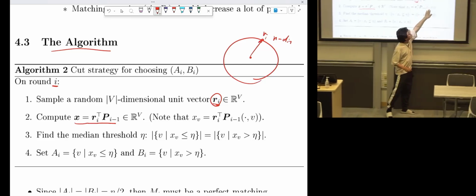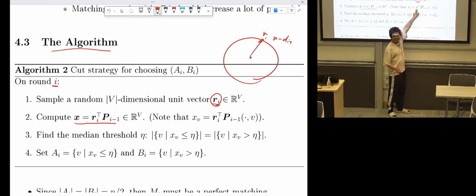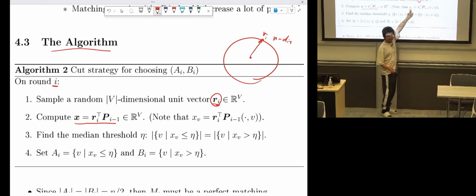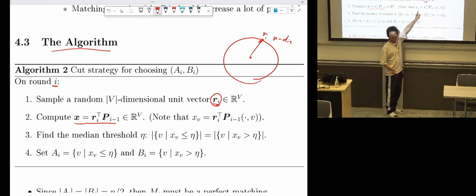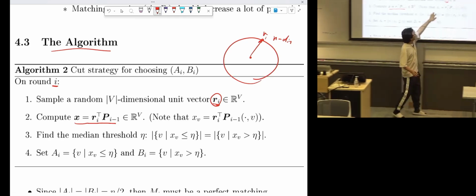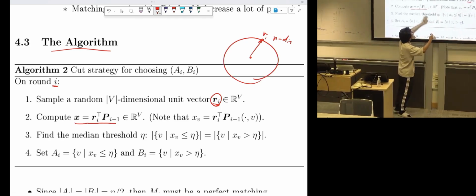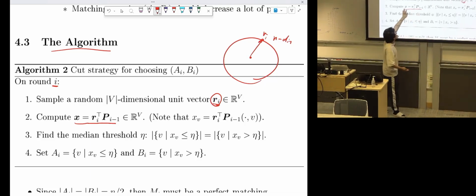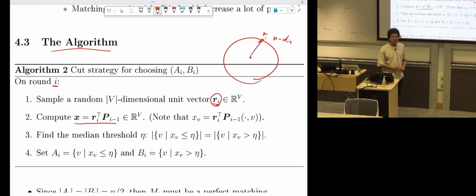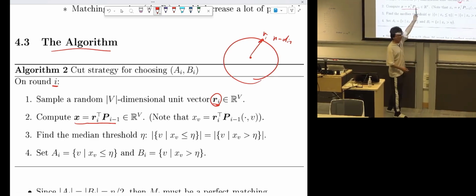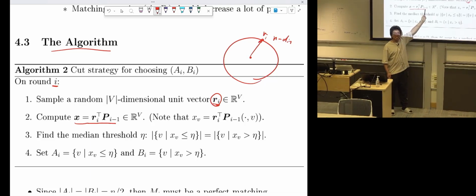The position of V projected down to Ri, that's the position xv, the projected position of V. You put all these together into one vector x. Right now it seems not clear why this is fast, right? Because you cannot even afford to write down P_{i-1}. We'll see soon. But at least this is the meaning of x.